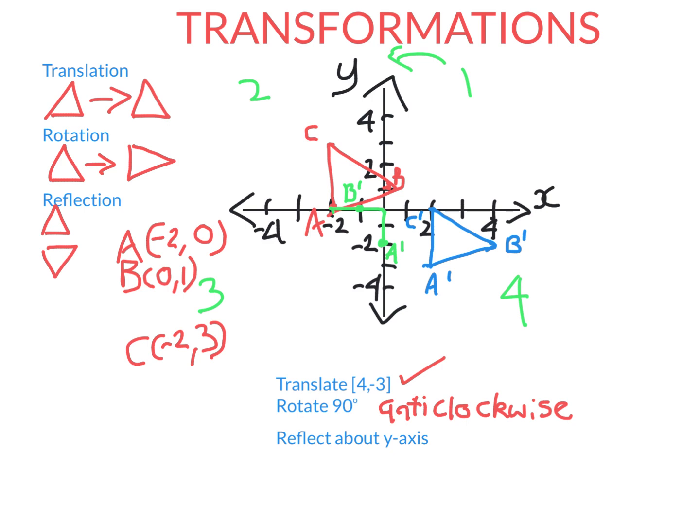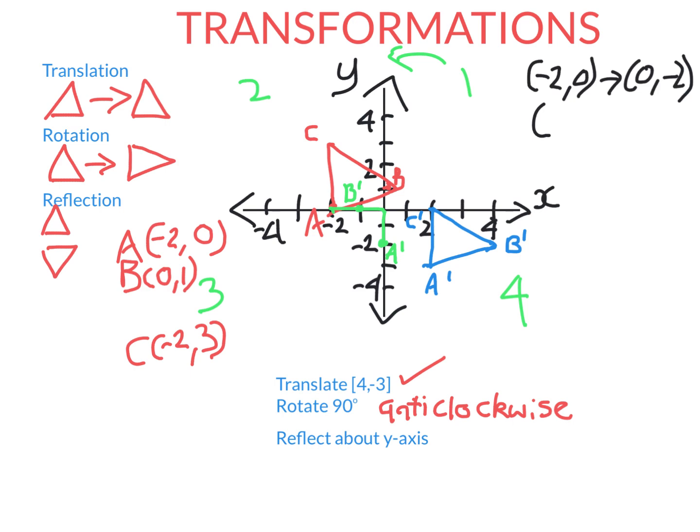You see, when we rotate a point 90 degrees anti-clockwise, we just do a little trickery with its coordinates. You'll see the point A started as -2, 0. It ended up as the point 0, -2.